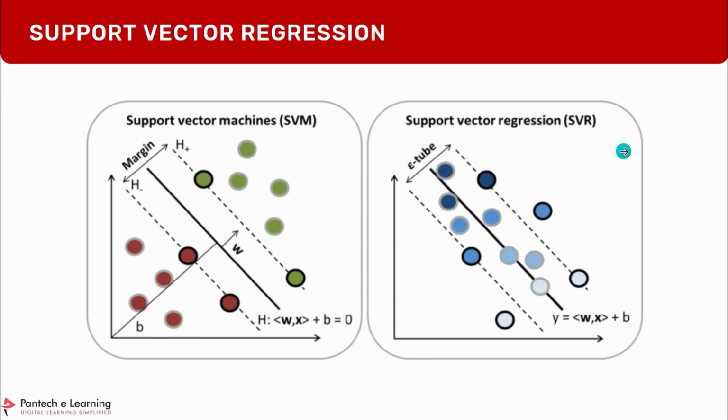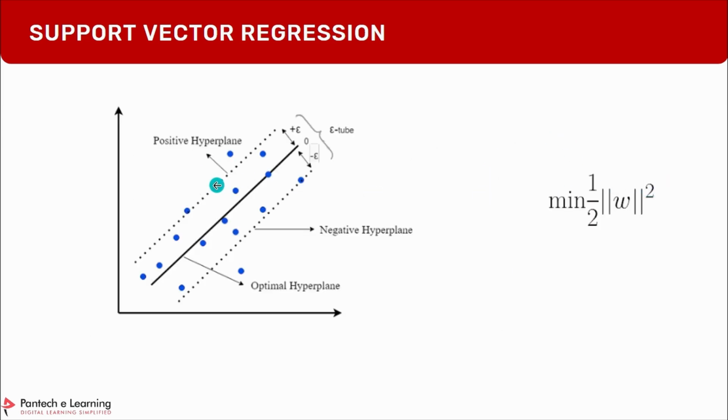But when you go for support vector regression, we will be having something known as the epsilon tube. This epsilon tube is nothing but the distance between your two support vectors, it's like a tube. The task is to fit the hyperplane and the support vectors, which are your positive and negative hyperplanes, to fit the maximum points inside of this tube.